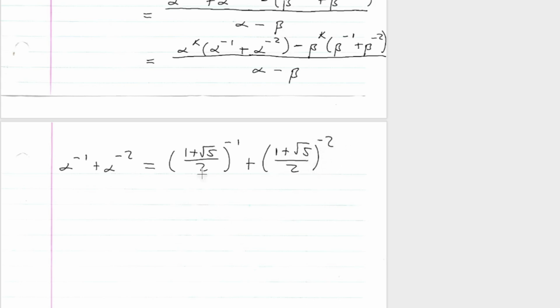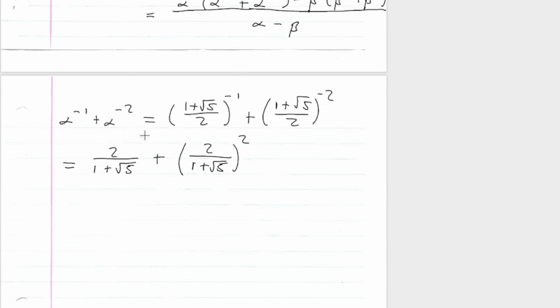All right, so now I'm going to deal with these inverses. So I know with inverses, I can just flip them, right, to get rid of those inverses. So this will be the same as 2 over (1 plus the square root of 5), right? Plus, but this one has a negative 2, so I'm going to flip it and still keep that 2, right? So this will be (2 over (1 plus the square root of 5)), and this will be squared.